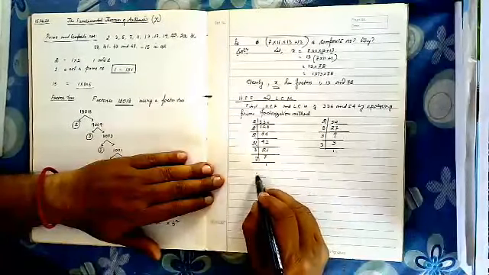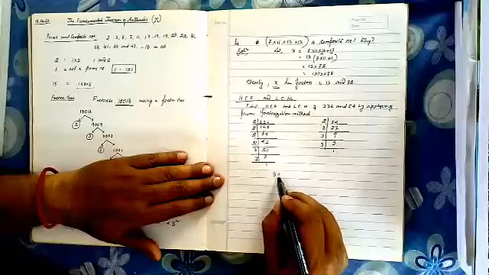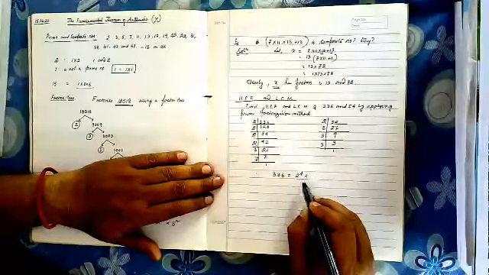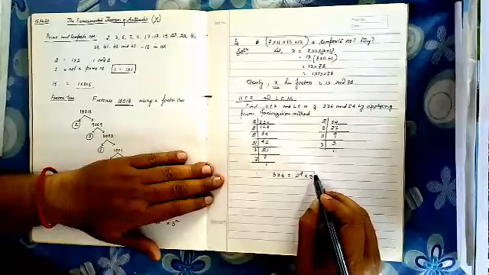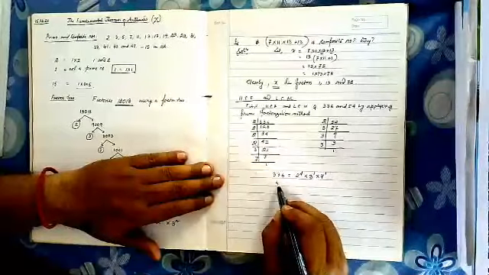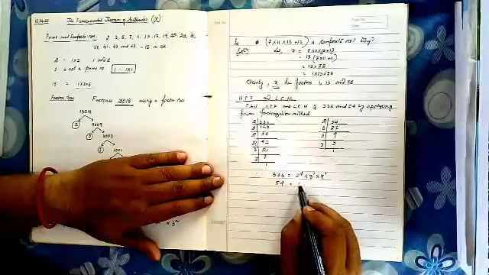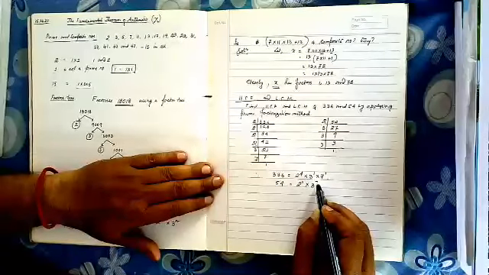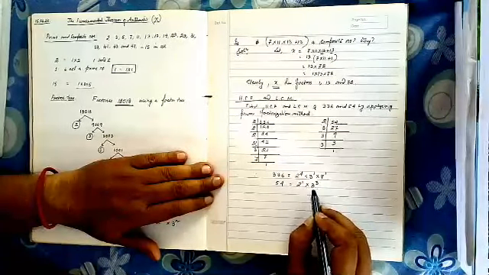Therefore, 336 is equal to 2 to the power 4 into 3 to the power 1 into 7 to the power 1. And 54 is equal to 2 to the power 1 into 3 to the power 3.